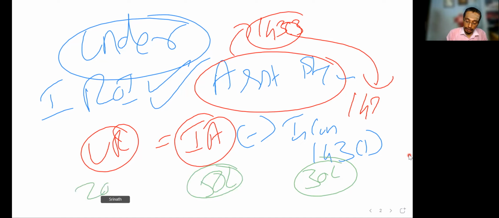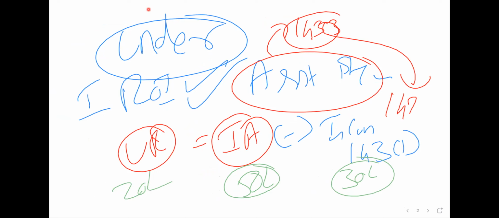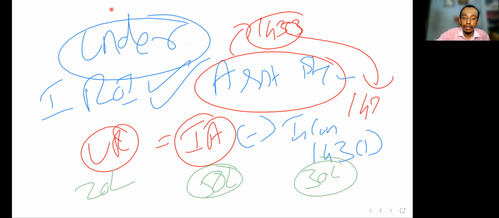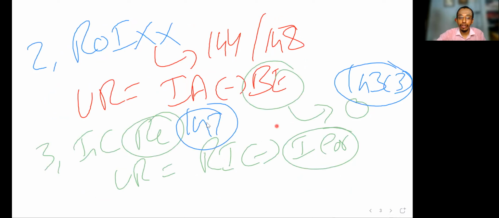So 20 lakhs would be considered as underreporting of income. So it is income assessed minus income as per 143(1).